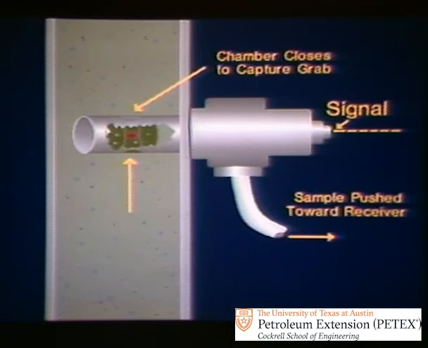When actuated by a signal from the controller, the sample extractor closes an internal chamber. This chamber captures a grab, typically about 1.5 cc in size. Each grab is displaced through the discharge tube to the sample receiver.